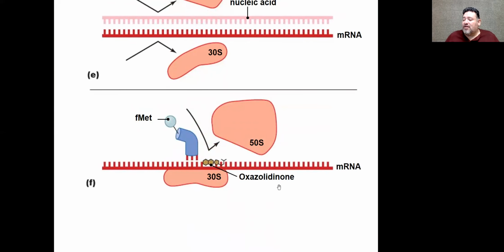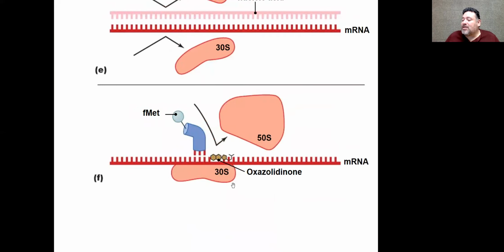Here's oxazolidinone. I can't even pronounce it anymore. Oxazolidinone. I should practice that some more. But what does it do? It associates with the messenger RNA, and it inhibits the production of the initiation complex of translation.